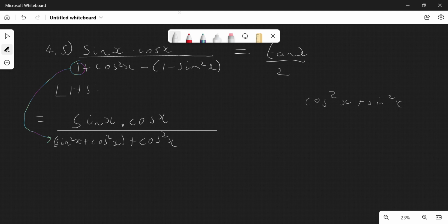I multiplied my minus in, minus 1 minus sine squared x over there. Okay, so let's see what can we do here.